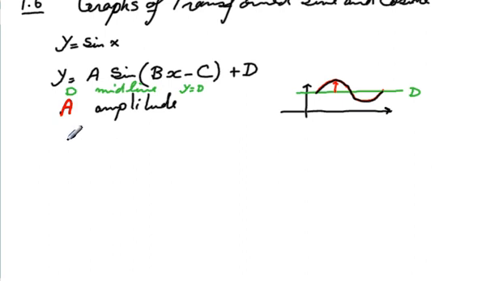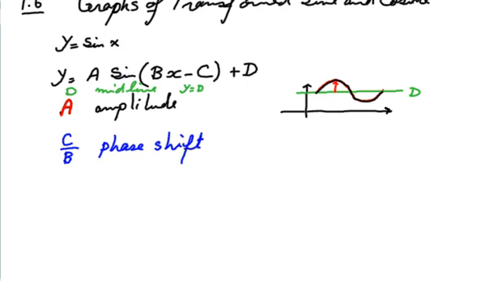So we have the quantity C over B, indicated as the phase shift. That's the amount by which the graph has moved to the right or left in relationship to the original picture.